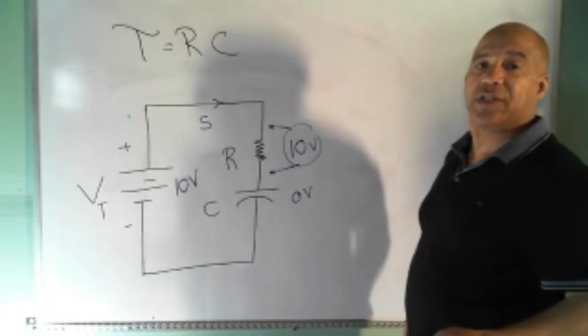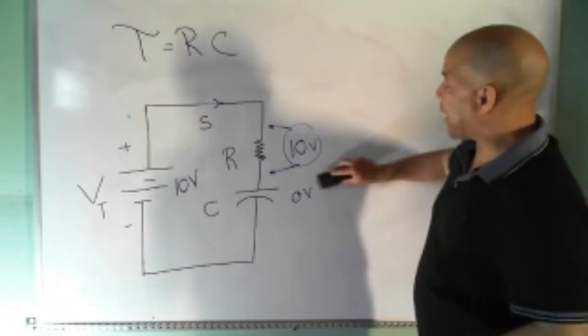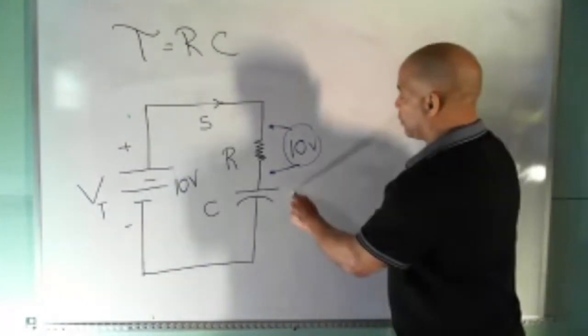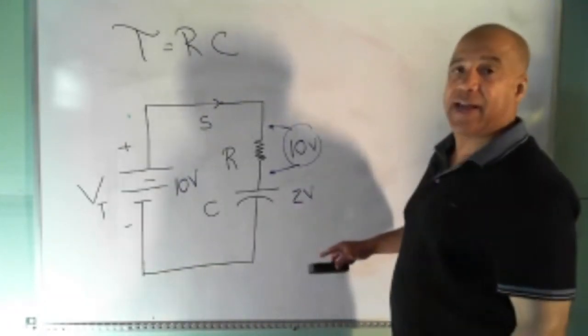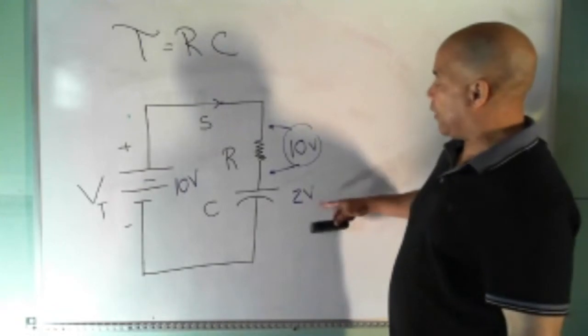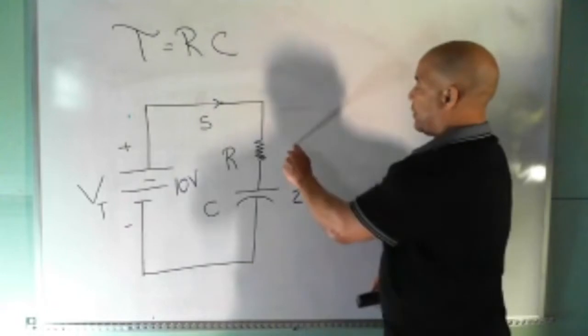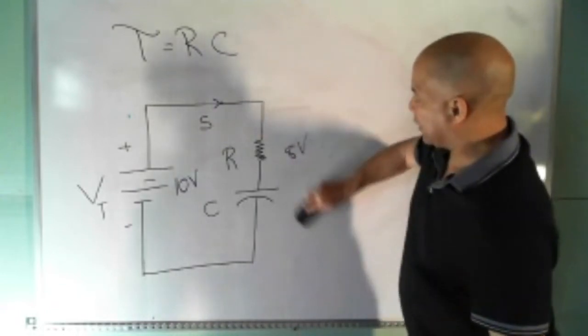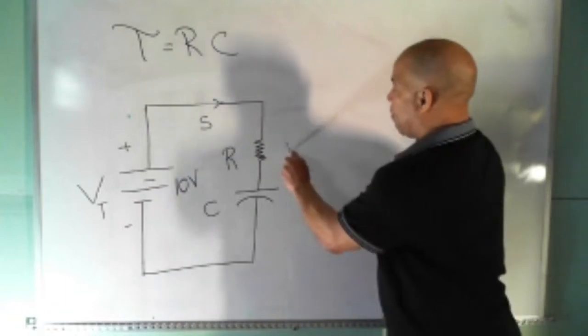But then the clock starts to tick, and the capacitor starts to charge up. Let's say the capacitor charges up to 2 volts. If we're going to maintain Kirchhoff's voltage law, the voltage across the resistor will now decrease to 8 volts. And this will eventually reach 6 volts. This would have to be 4 volts.